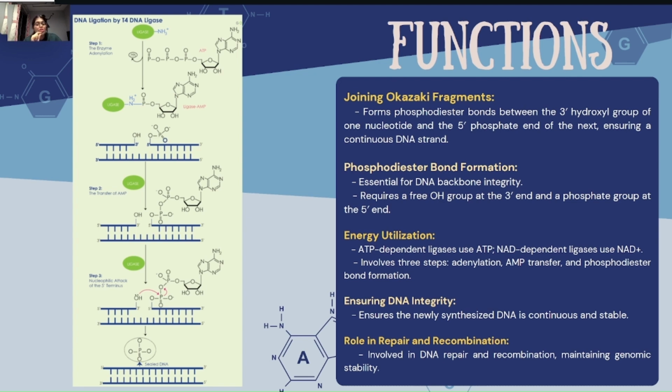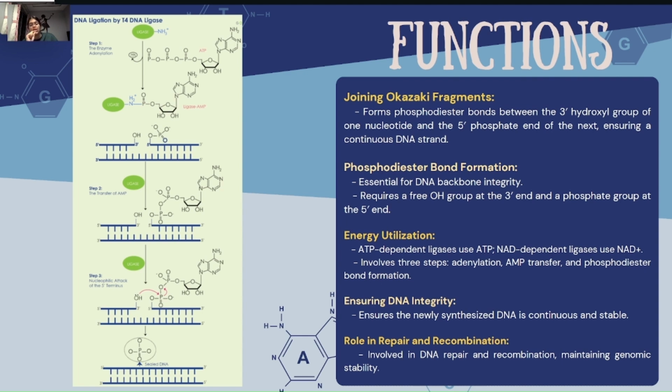Then energy utilization: ATP dependent ligases use ATP, and the NAD plus dependent ligases use NAD plus to power the reaction. The process involves three steps: adenylation, AMP transfer, and phosphodiester bond formation.